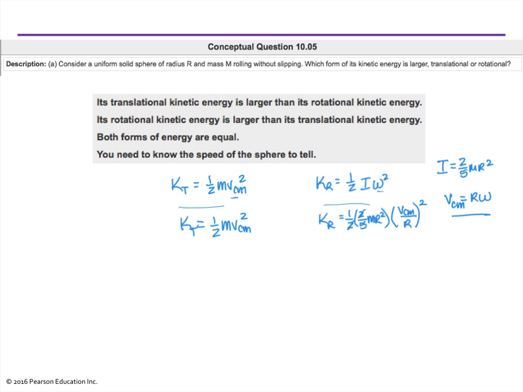The 2's cancel out, the r squares cancel out, and I find that the rotational kinetic energy ends up to be 1/5 m v_cm squared. And so now I can just compare the fractions out front, because now they're written in terms of the same variables. Obviously 1/2 is bigger than 1/5, so the translational kinetic energy is larger.